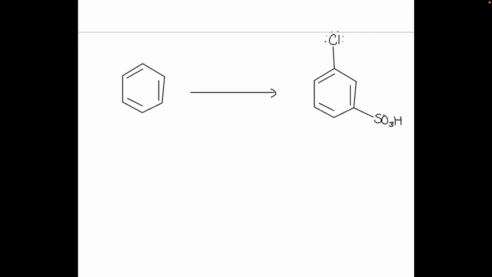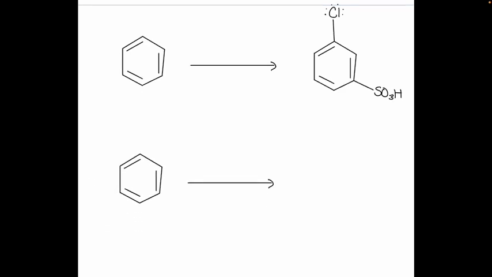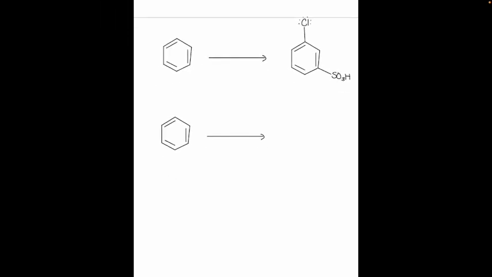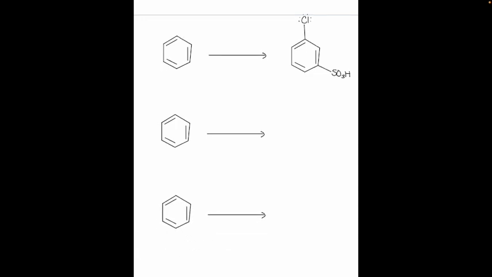Okay, and you need to tell me the steps how to do it. All right, so I'm going to put down a few of these here. Give you some time to work on it yourself, and then we'll go over it together.